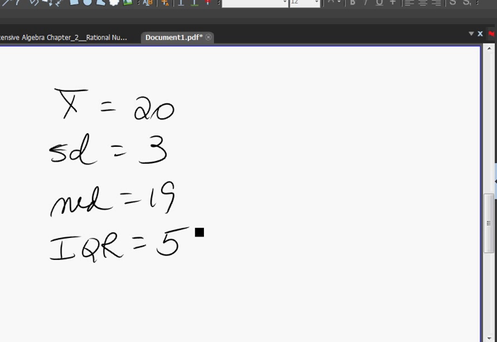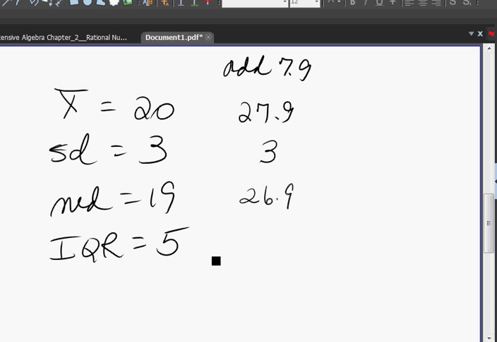And let's say that you added 7.9 to every value in that data set. Okay? What's your new mean? What's your new standard deviation? New median. Can't do that one in your head? Good. New IQR?